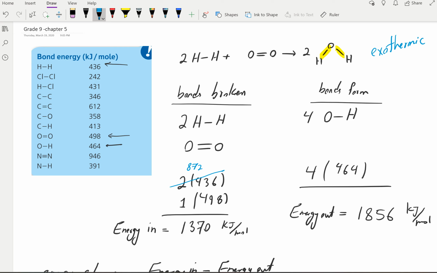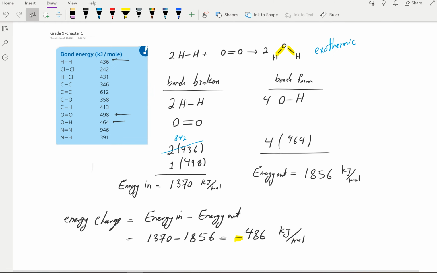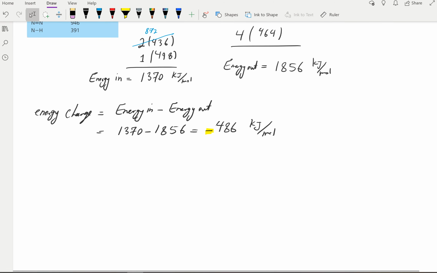Now let's draw the energy level diagram for this reaction. The question didn't ask us to draw the energy level diagram, but I draw it because it's very important to know how we can draw it.